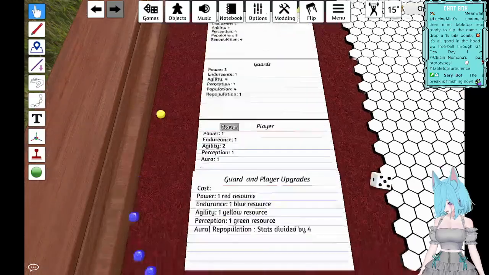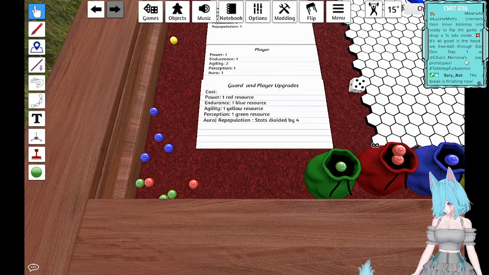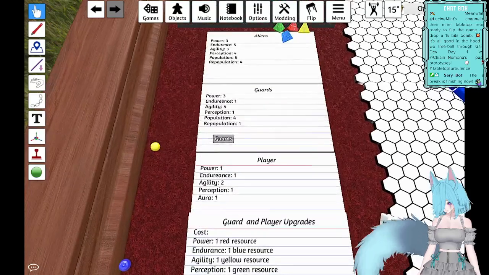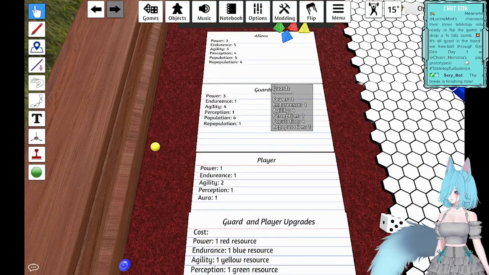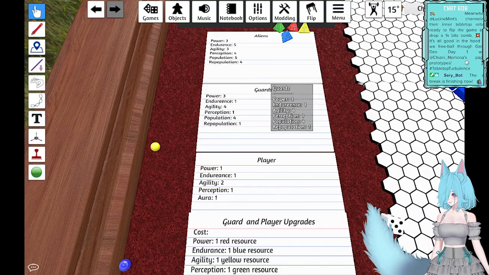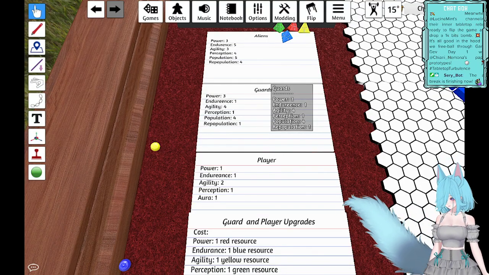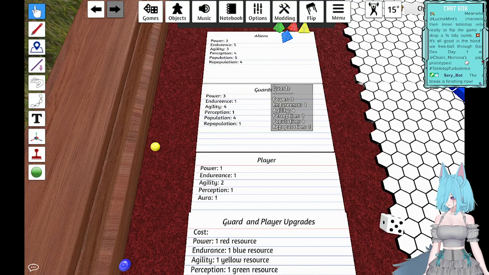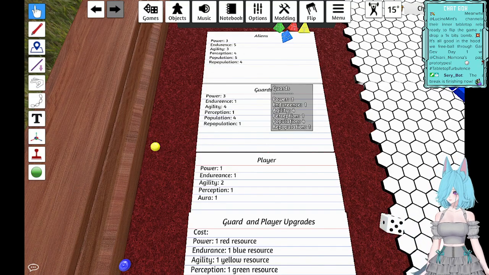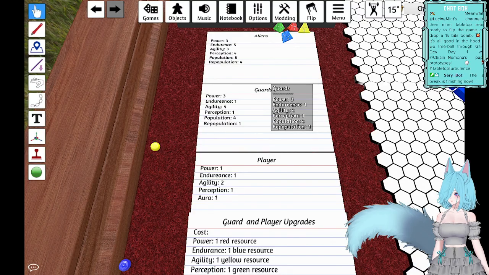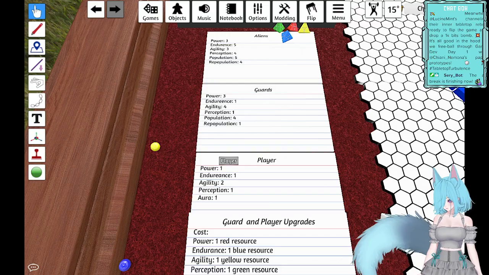We invested 2 power already into. Getting more power would give us an extra turn. Which we might need. So I'm gonna give us 1 power.